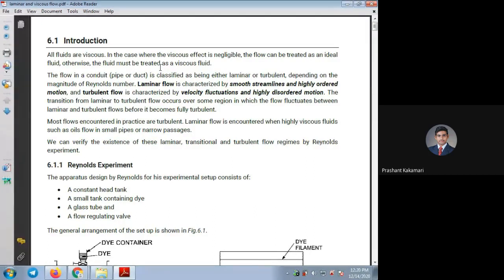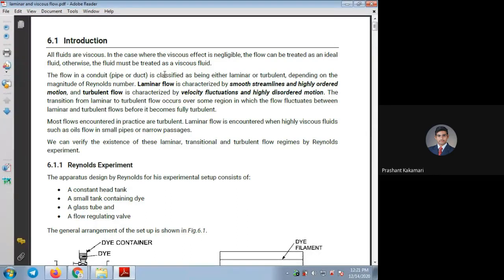In cases where viscous effects are negligible, the flow can be treated as an ideal fluid, which is not a Newtonian fluid, because any fluid which is not viscous in nature is not having any resistance. Such types of fluids are also called ideal fluids. And the fluid must be treated as a viscous fluid when it is having some resistance. So the flow in a conduit, conduit in the sense it is a closed channel, you can call it a duct flow or a pipe flow.